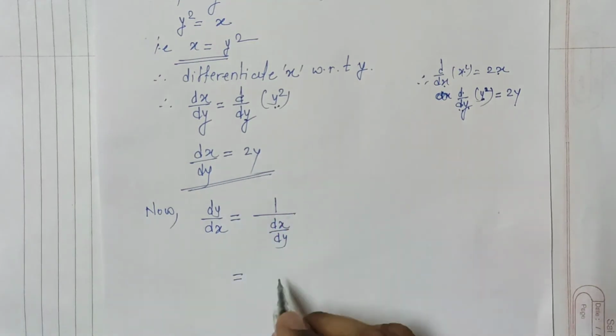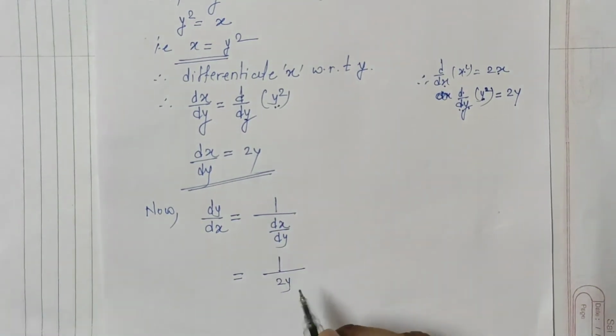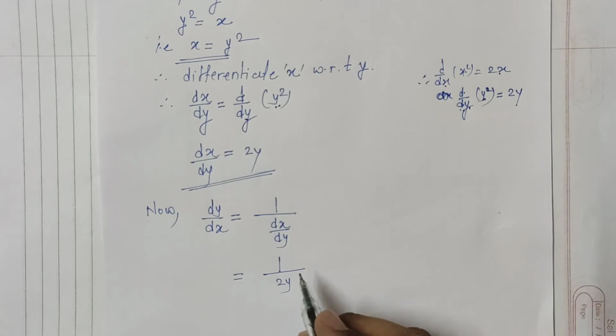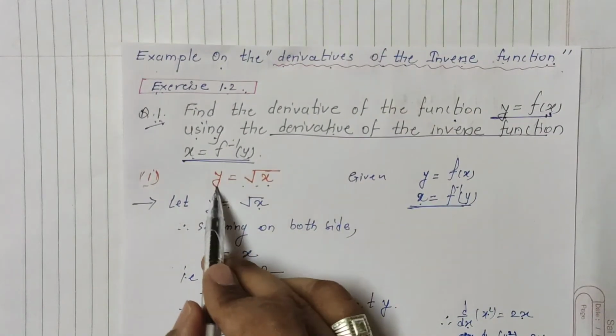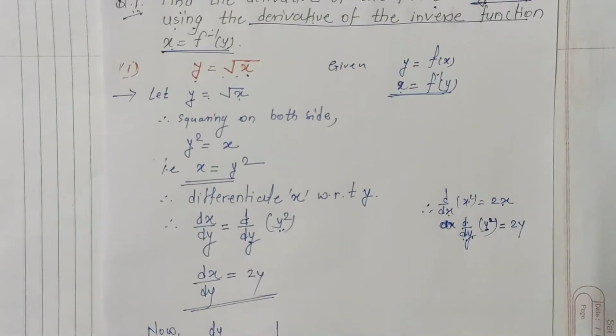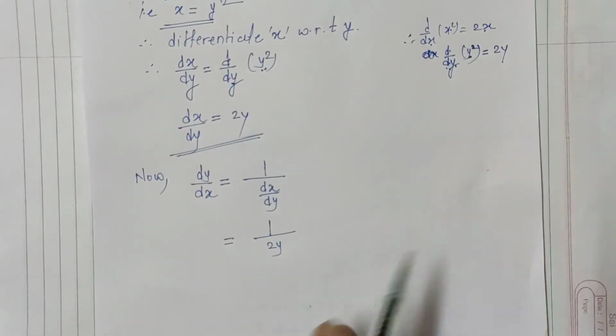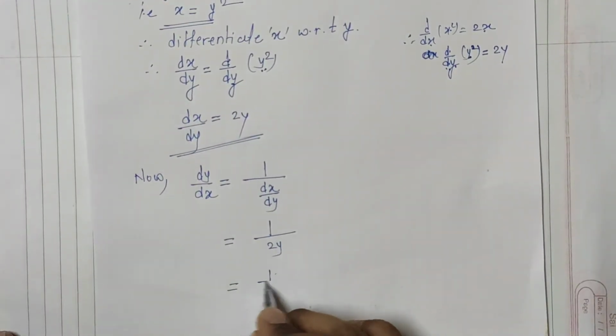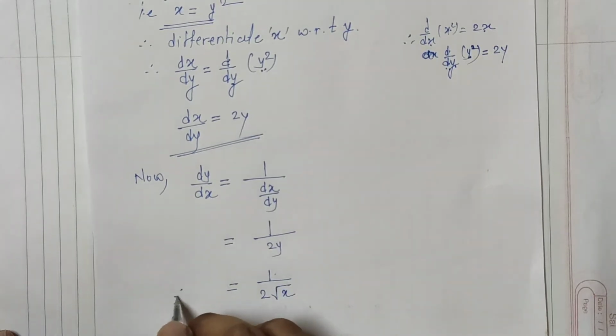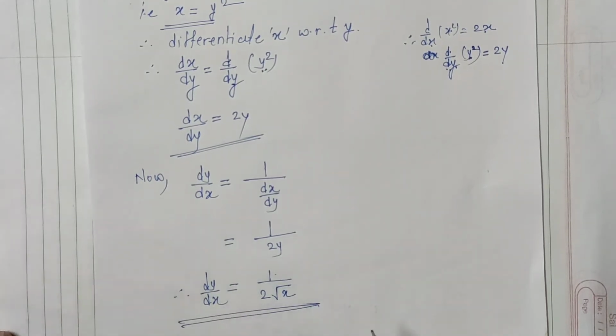Dx upon dy is 2y. But what is the value of y? Y is our given function, y is equal to root x. So put here 1 upon 2 times y, where y is root x. Therefore we get dy upon dx is equal to 1 upon 2 times root x. This is the final answer.